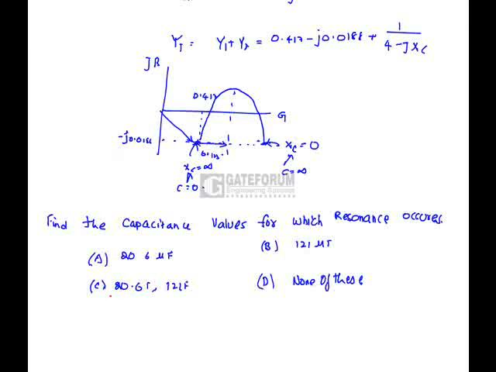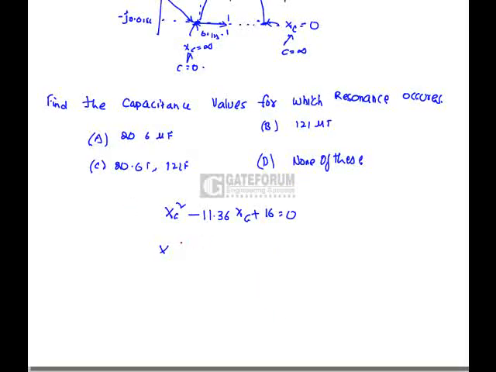Find the capacitance values for which resonance occurs. Here, at resonance, the admittance is going to be purely real, so the imaginary part is going to be 0. If we make the imaginary part equal to 0 in the above given admittance equation Yt, we will get Xc² − 11.36 Xc + 16 = 0. If we solve this quadratic equation, we will get Xc as two values, that is 9.71 ohms and 1.65 ohms.